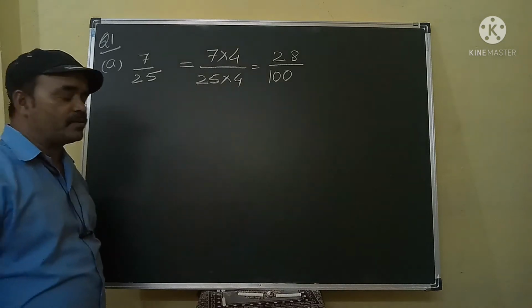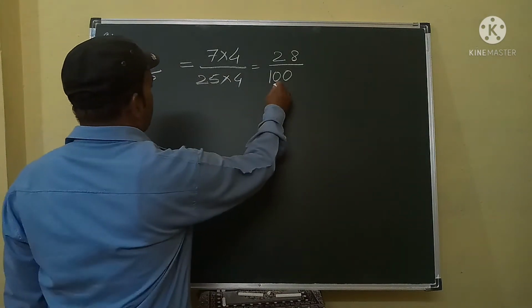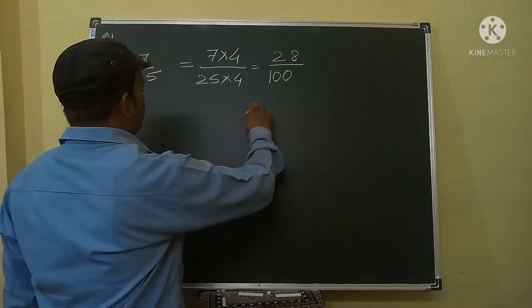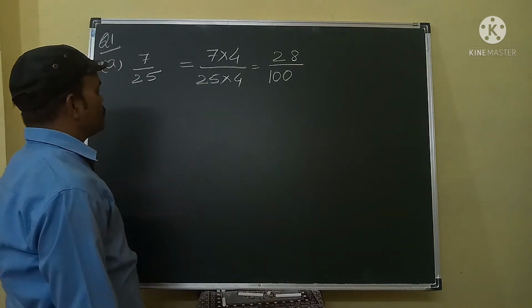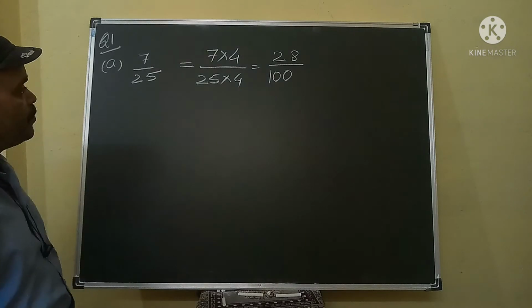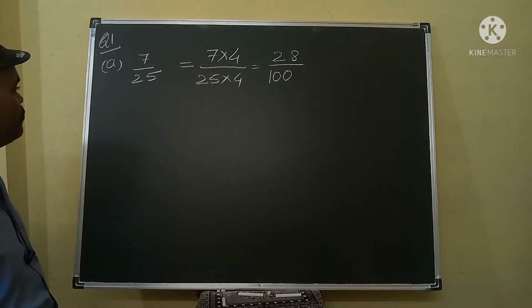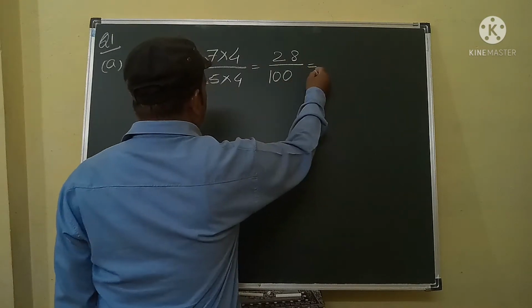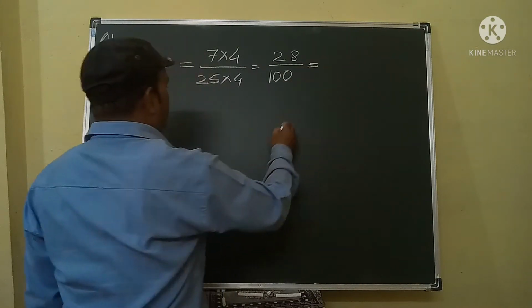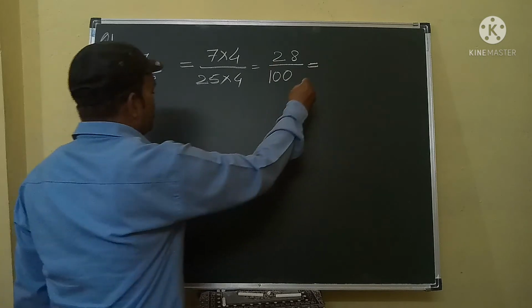Then after that, what will we do? In 100, the number of 0s is 2. That means we will put the decimal point before 2 digits in the numerator. In the numerator, as you are looking, these are 2 digits.